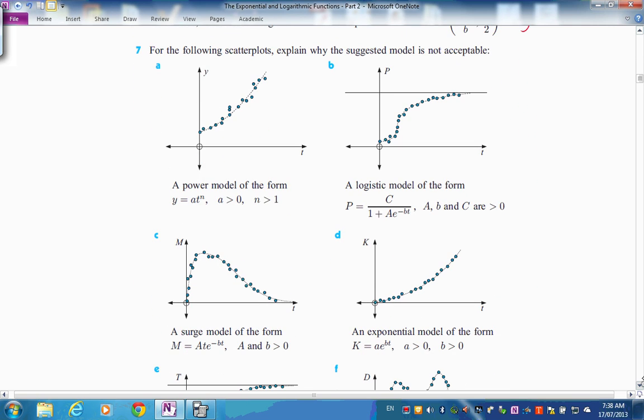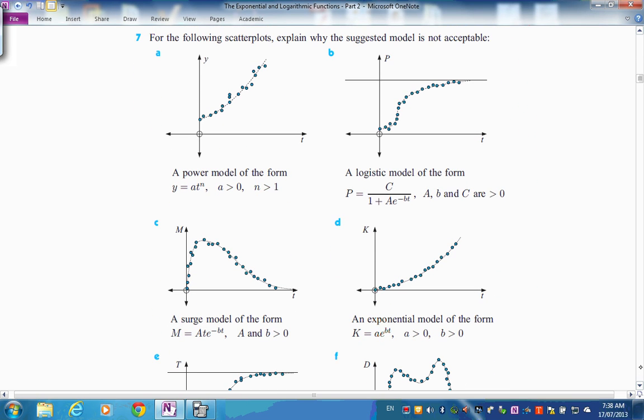Question 7 is an important question. To have a look at why the model is not acceptable. Okay, they put some tempting little plots in there, and they look as if they're certain things, but what's wrong with them? Is there something wrong with them? Okay, so that's honing up your skills on understanding the various functions.